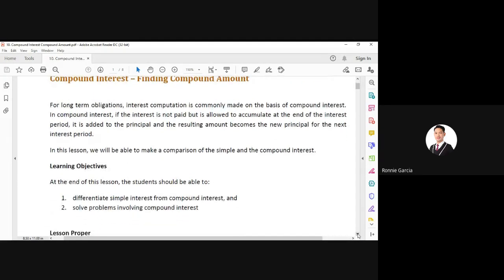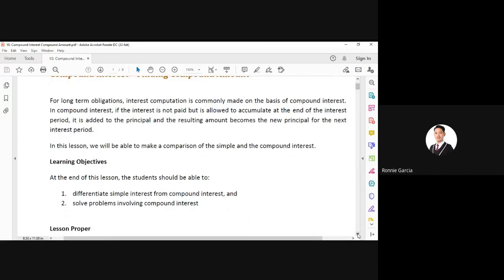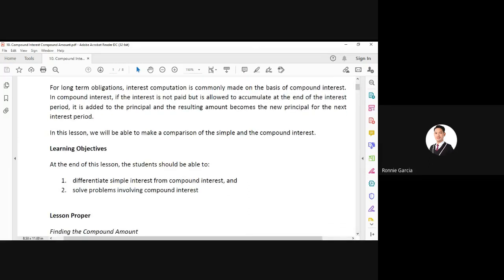So what are our objectives for this particular lesson? Kindly read, Miss Madrigal. I'm also checking the attendance ha, kanang nagatawag ko sa mga pangalan to check kung naa ba jud diha or present lang ang inyong pangalan diri sa atong Google Meet. Okay, so Madrigal is not around.